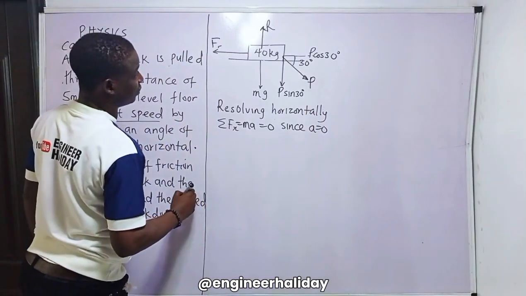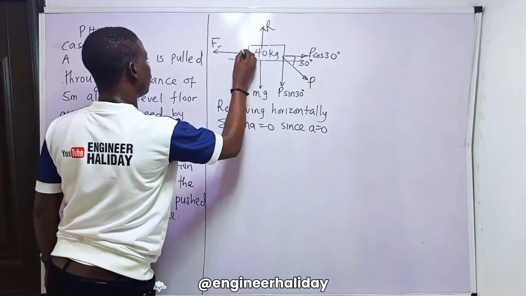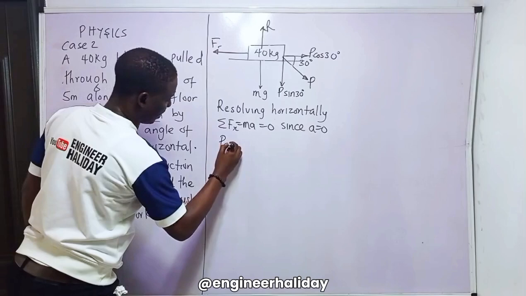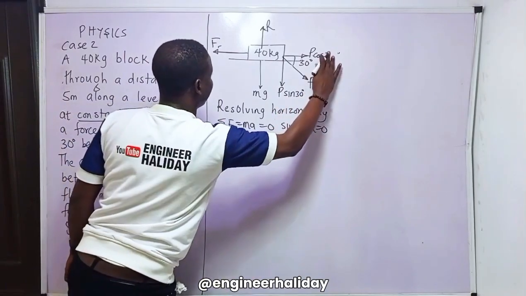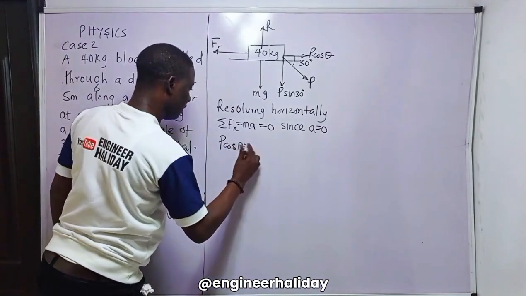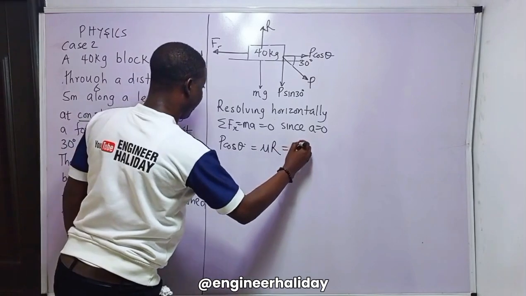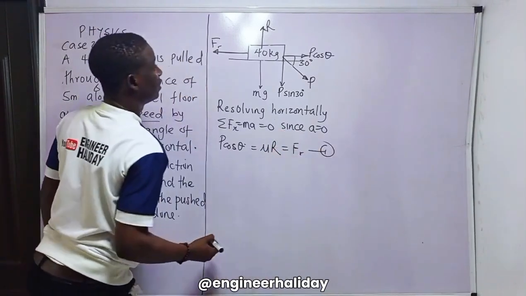The forces along the horizontal: we have this one going forward and this one backward. So we have P cos theta equal to mu R, which is equal to Fr. Let's call this equation 1.